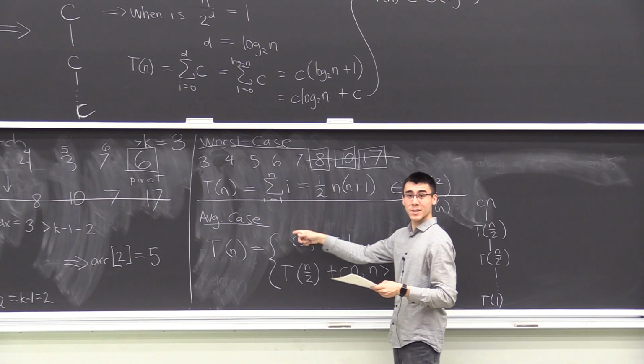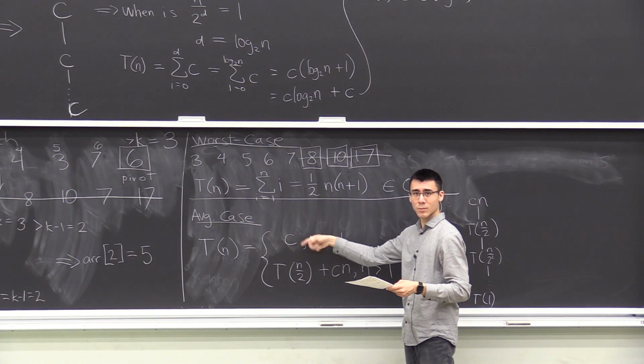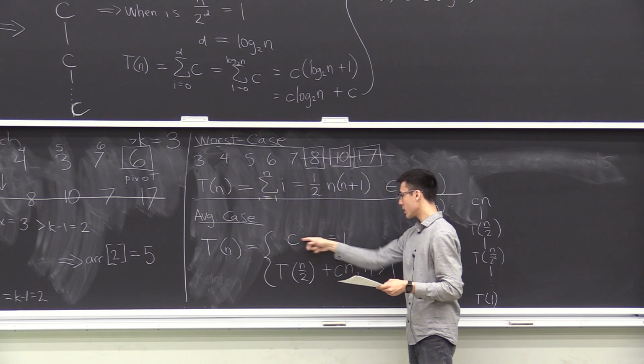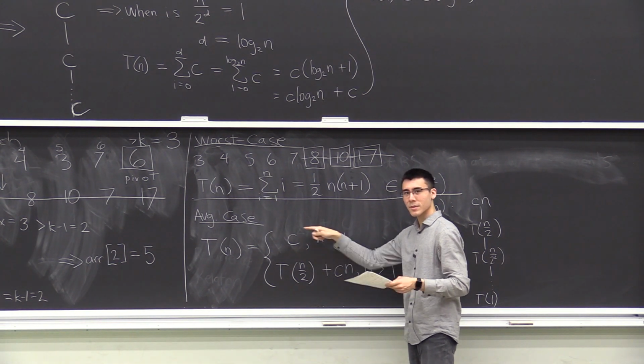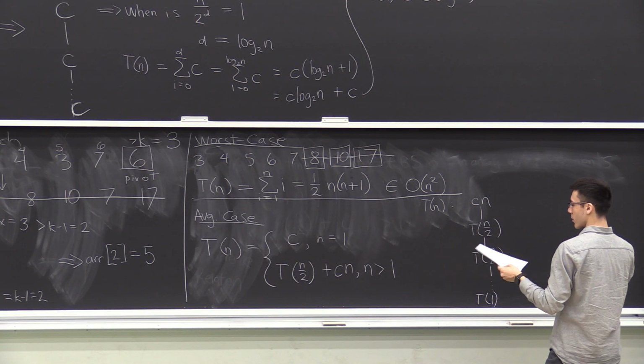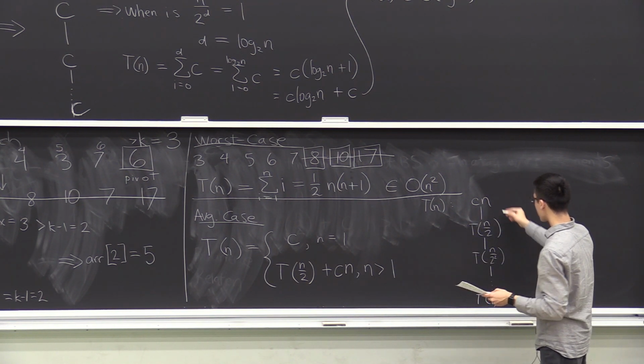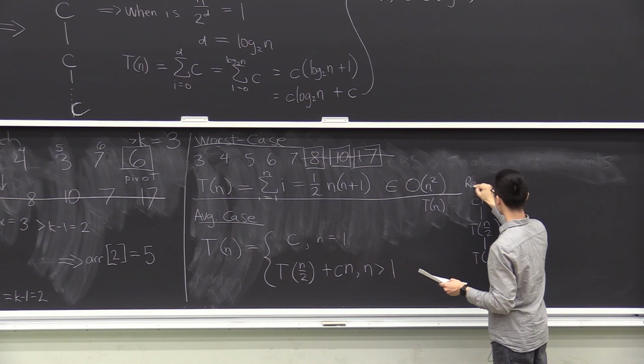And again, this is just C because you have C times n equals 1, so C times 1 is just C. So these are basically the same operation, or set of operations. Okay, so this is our recursion tree.